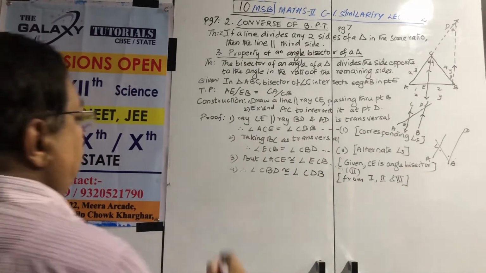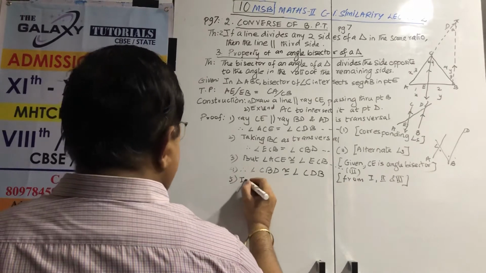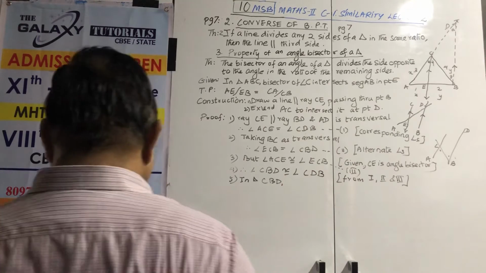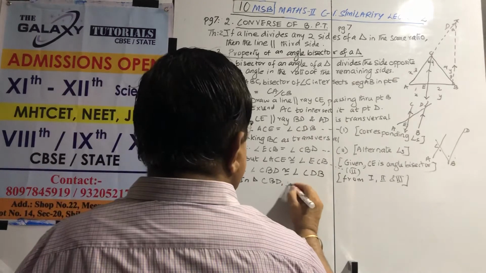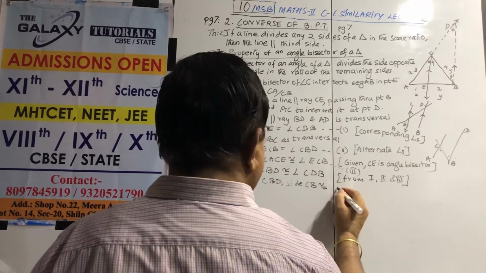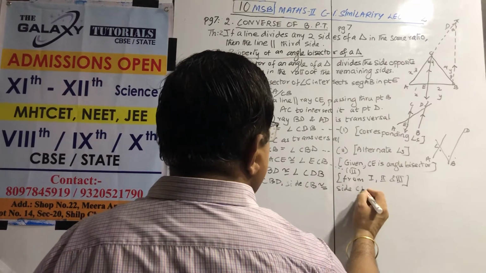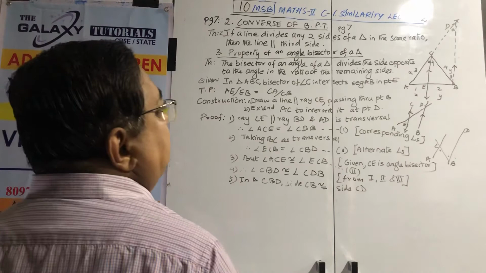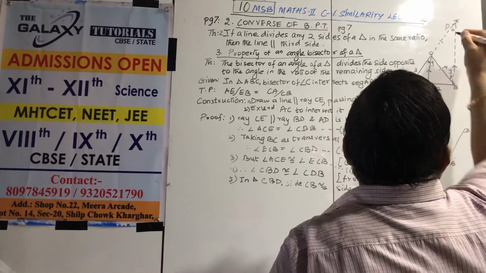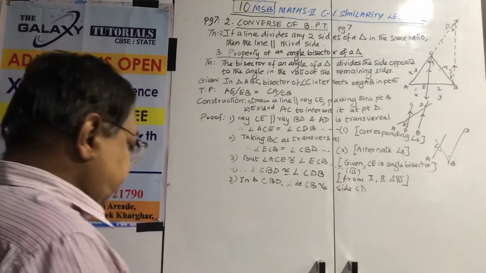Okay. Now, fifth, in triangle CBD, side CB is congruent to side CD. CB is congruent to CD. That is, my friends, by our construction. Okay.